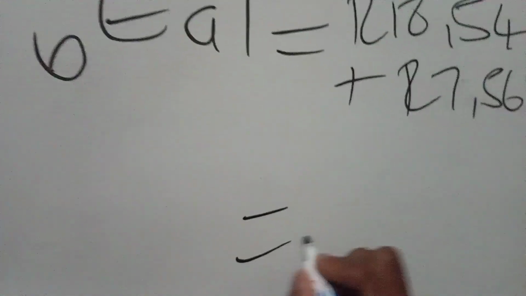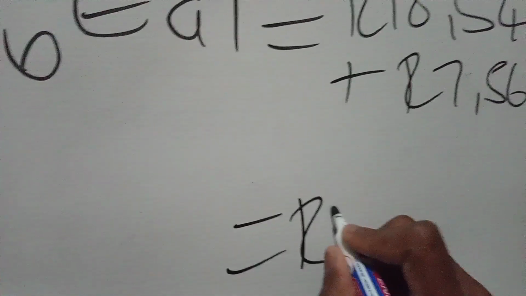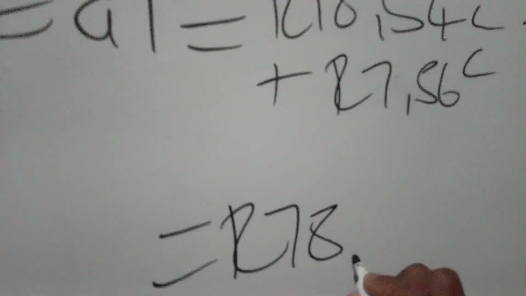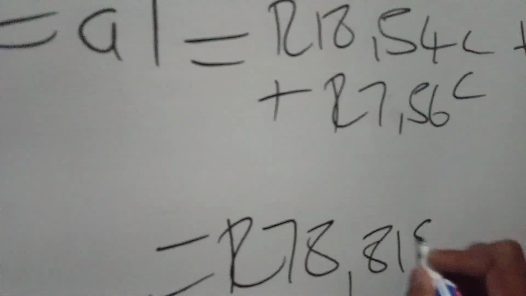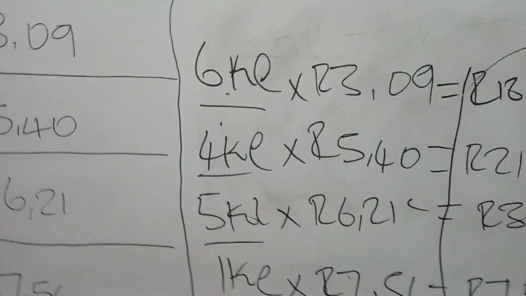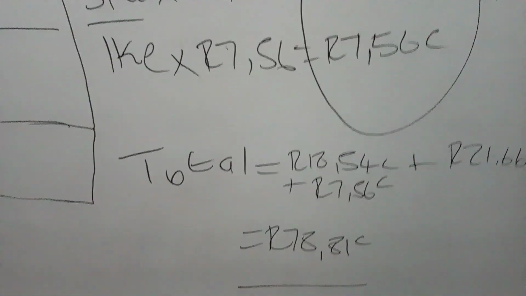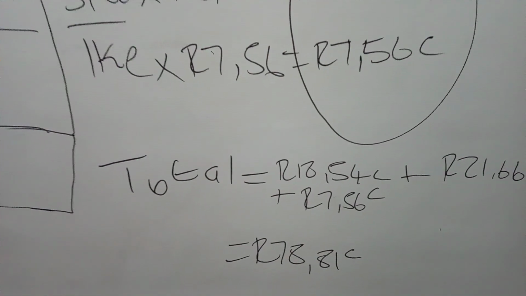Our answer is 78 rands and 81 cents. Then you are done with your water tariff. You were given 16 kiloliters, and this makes 16. Your final answer is 78 rands and 81 cents.